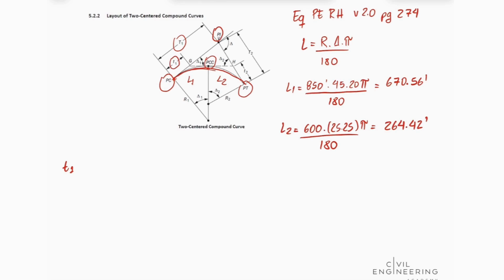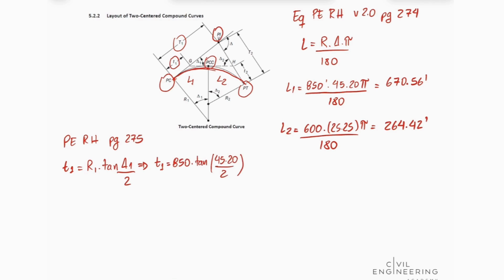And per our PE reference handbook, page 275, we have that our T1 is equal to R1 times the tangent of delta 1 divided by 2, and we can plug in these values. Our T1 will be 850 feet times the tangent of 45.20 divided by 2.